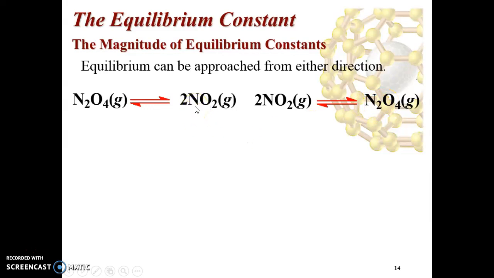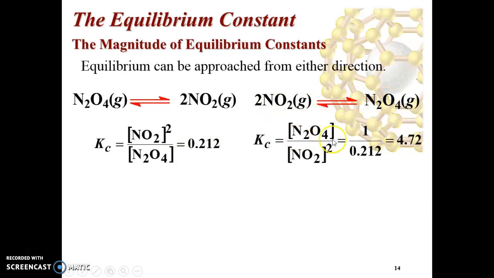So the equilibrium constant is relative to how you write the equilibrium reaction. So in this case, the equilibrium constant is going to be NO2 in the numerator, N2O4 in the denominator. That has a value of 0.212. However, with this reaction, N2O4 is going to be in the numerator, NO2 is going to be in the denominator. I wind up with the inverse.